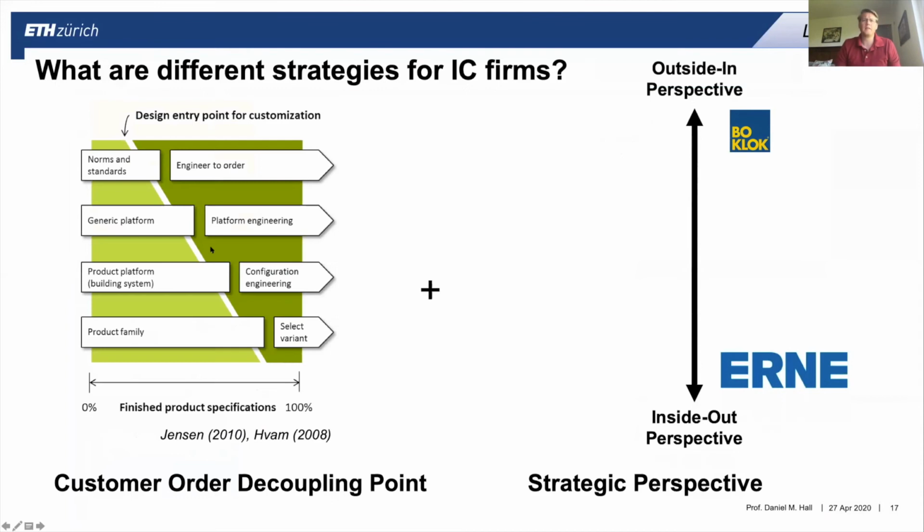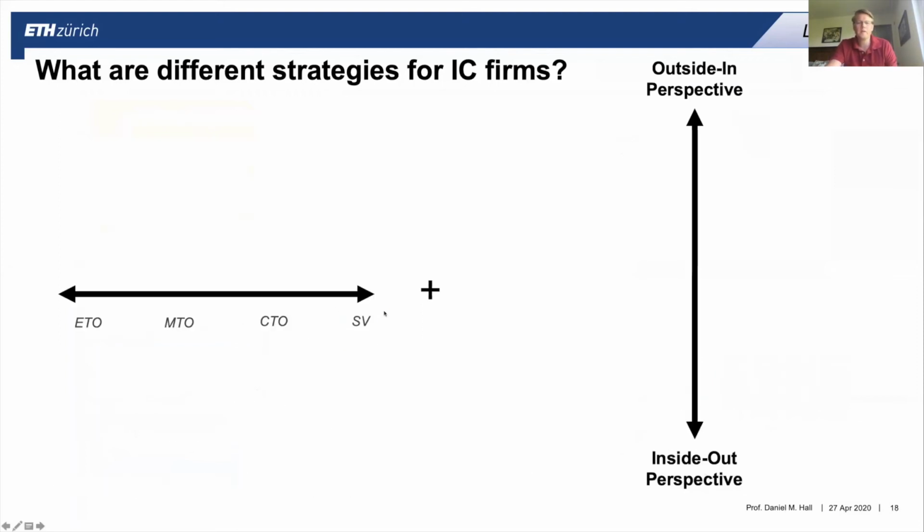So I could summarize again, right? We have our different strategies. We could think about these two different areas, these two different ways of thinking about it. If you think about the left side here, this customer decoupling point with engineer to order, make to order, customize to order, configure to order, and select variant, one thing we can do is change those into a horizontal spectrum.